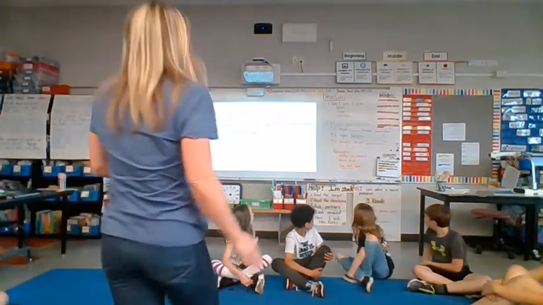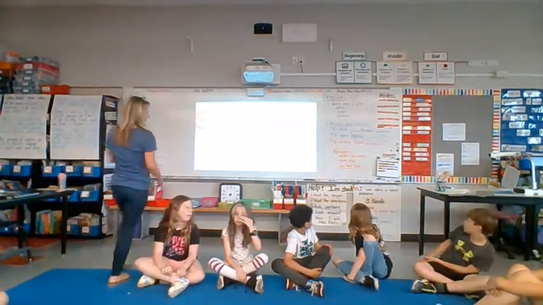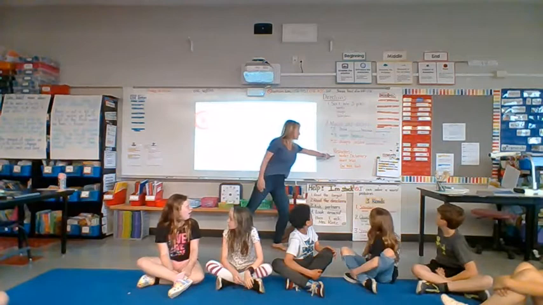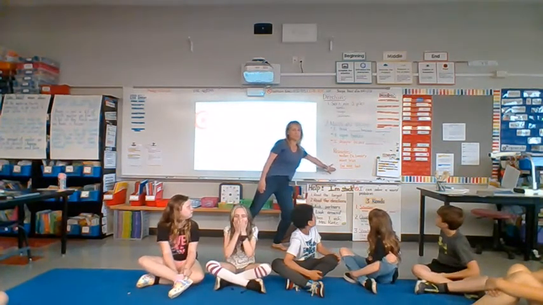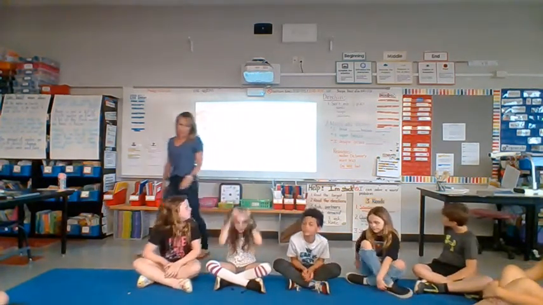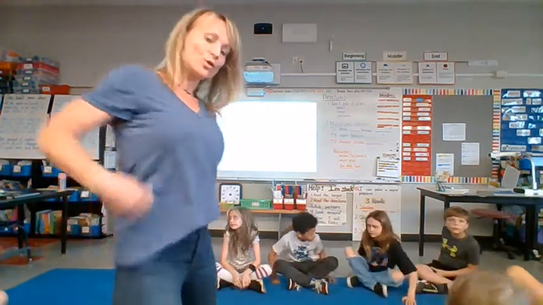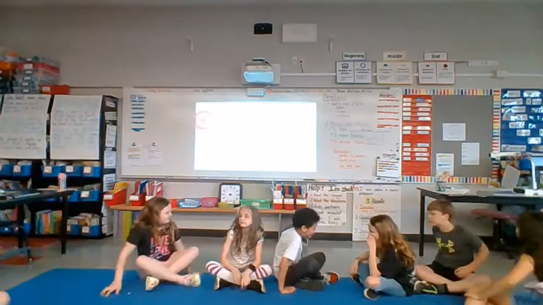We can look at our water dictionary, we can use our word wall, and we can use our one well text. Turn to your neighbor and tell them what you're going to be doing with your team.